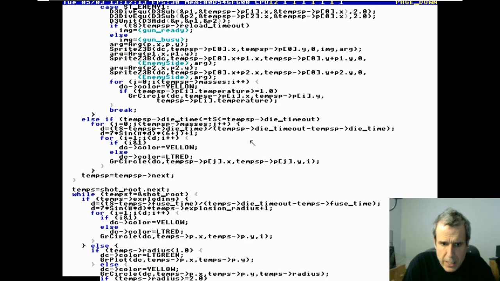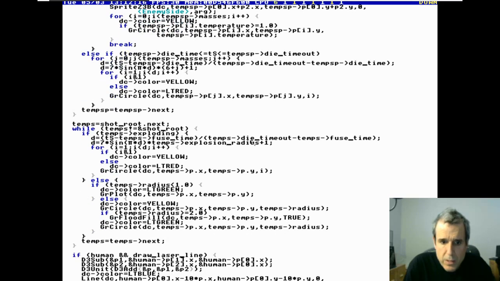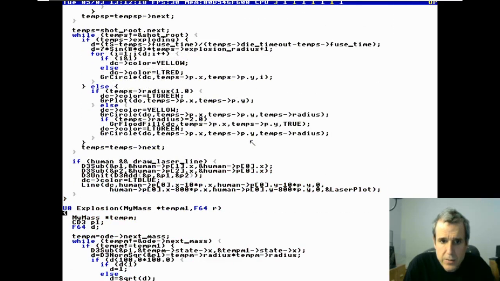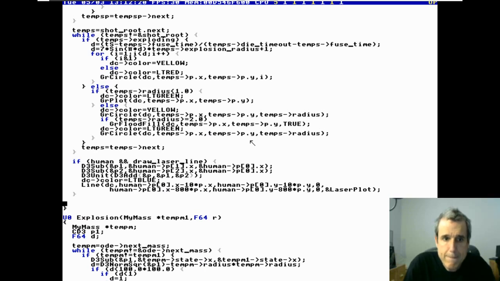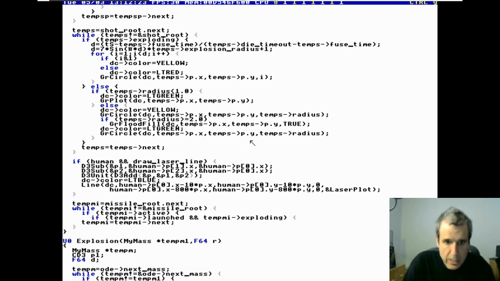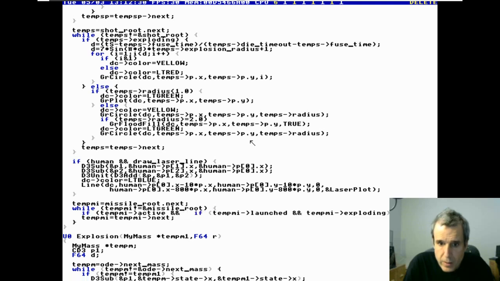Okay, so down here, shot route lasers. What if we target even when it's not active? You want to do that? I guess that's what we're supposed to do.